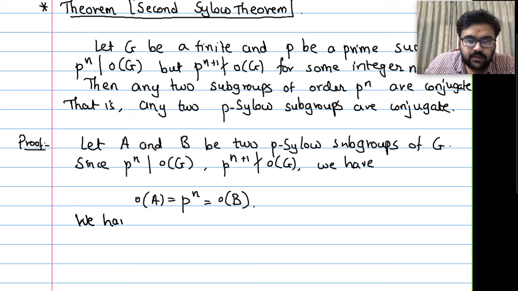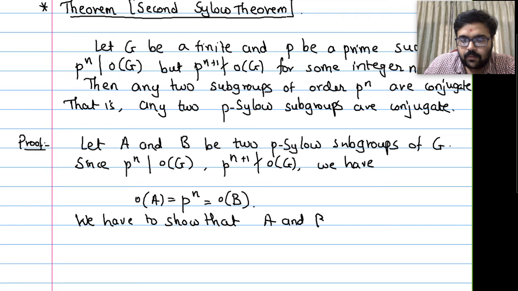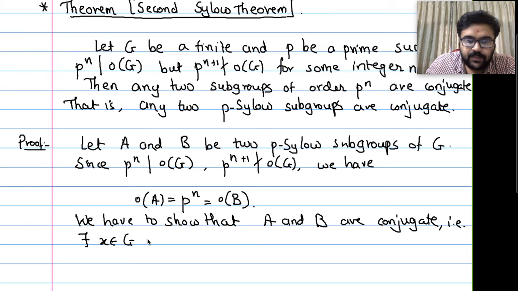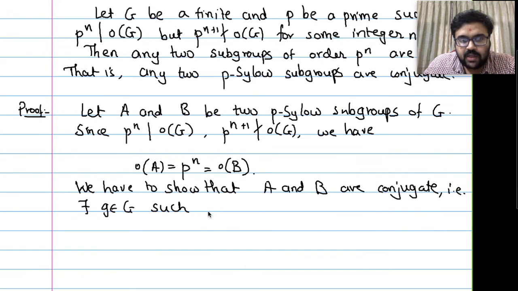That is, we have to show that there exists some g in G such that A equals gBg inverse, or we can say that B equals gAg inverse.